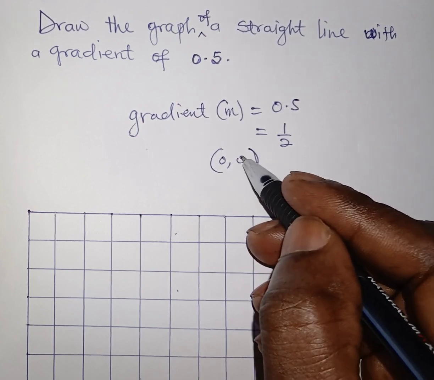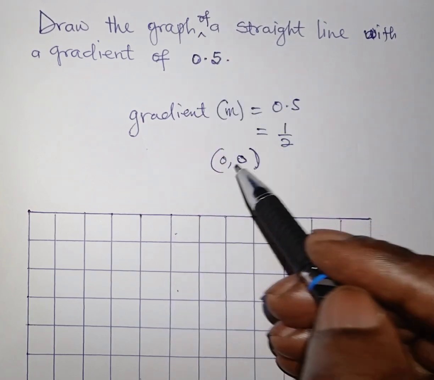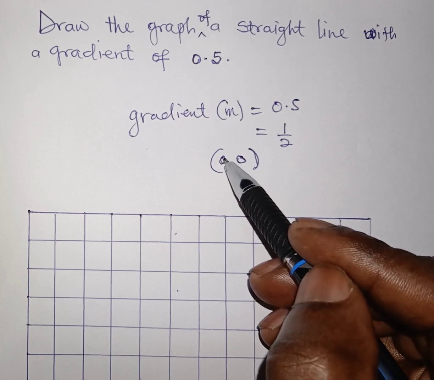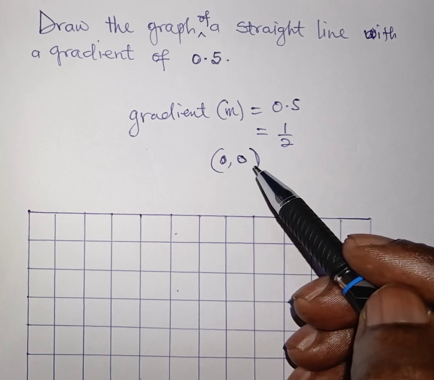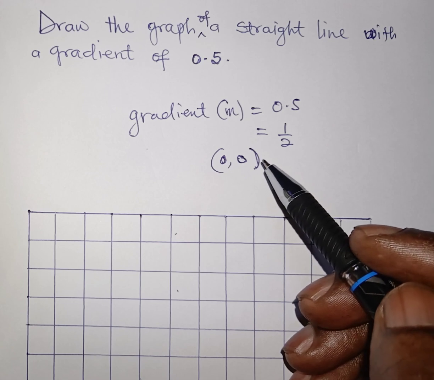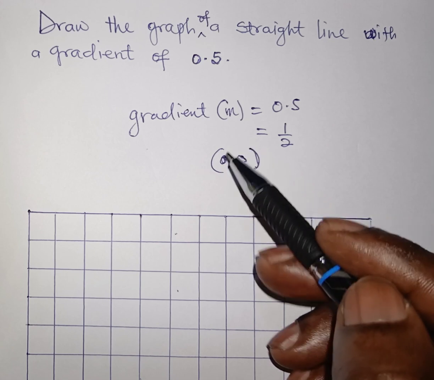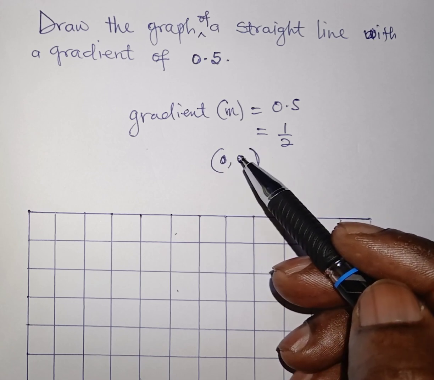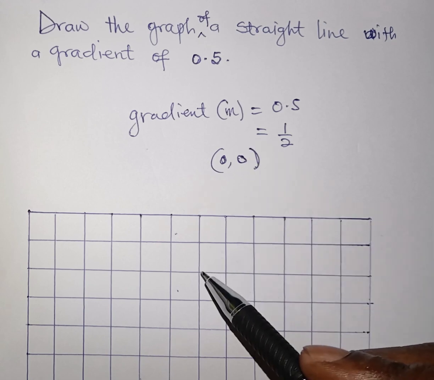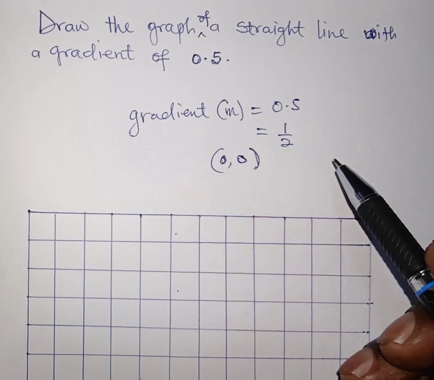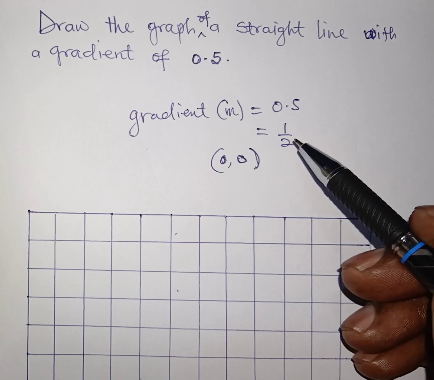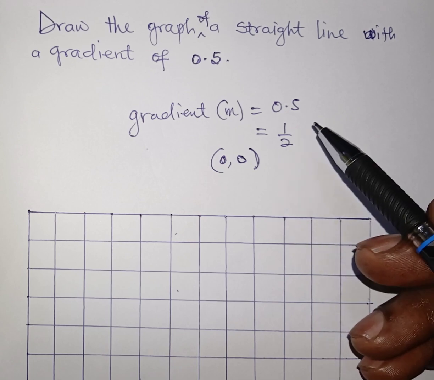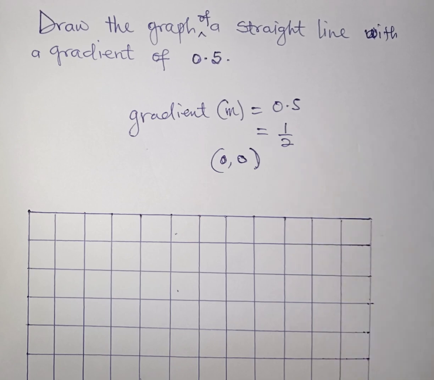When you have it like this, the x and the y intercept should be at the origin, or at the center. That is your initial position. That is where you stand and move to the right 2 units, and the graph will rise 1 unit. So let's draw the graph and see how it looks.